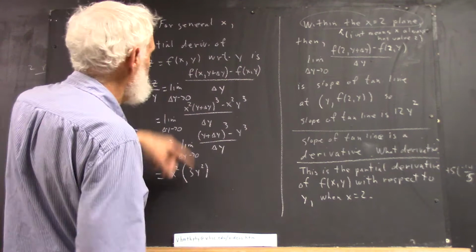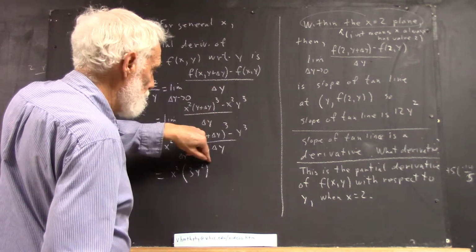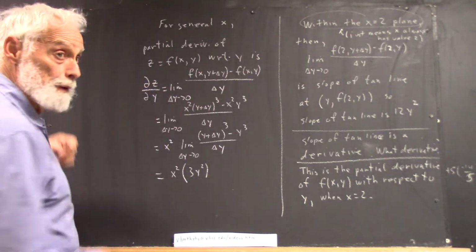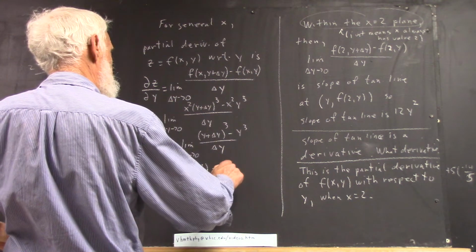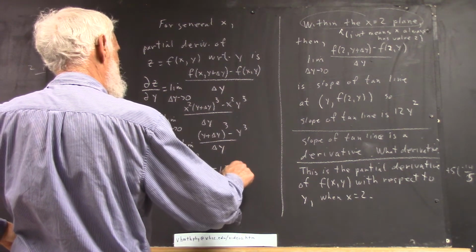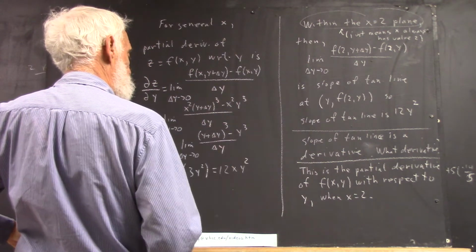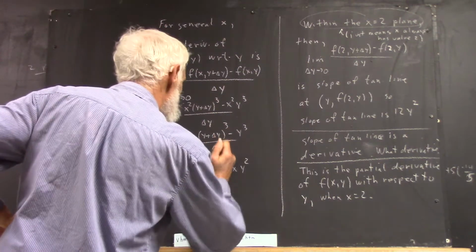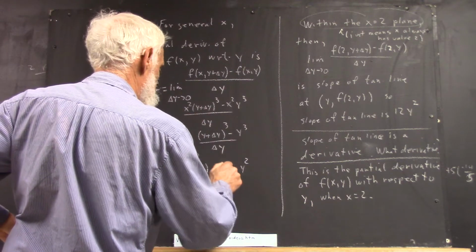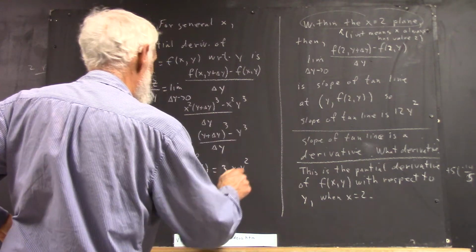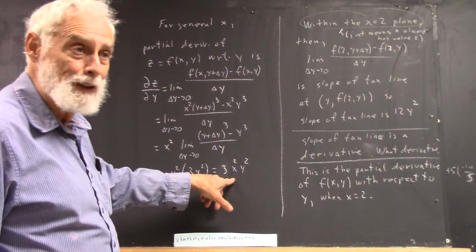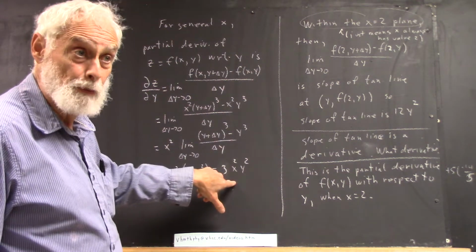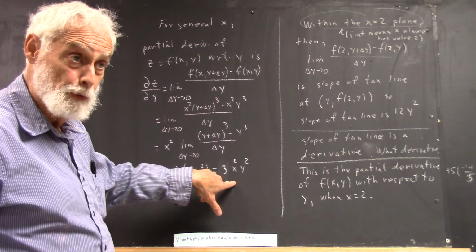So we're just left with 3y squared delta y over delta y, which is just 3y squared. And it isn't 12, it's 3xy squared. It was 12 before because with 3x squared y squared, when x was 2, naturally that gave us 12y squared. So that's why we got 12y squared before.